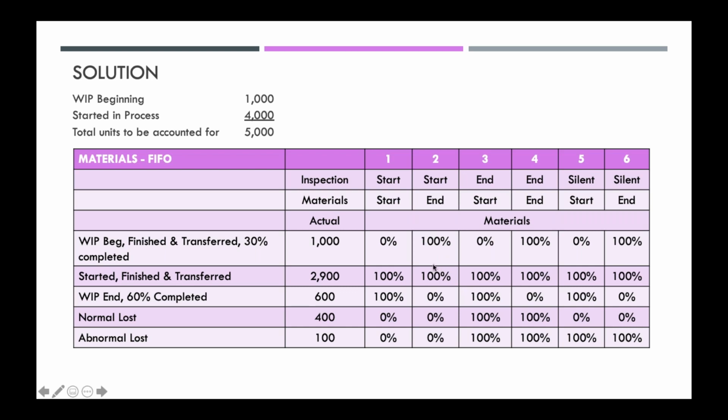So, started and finished, of course, nakarating sa end, kaya meron siyang materials. Work in process end, hindi nakarating sa dulo, 60% complete, kaya wala siyang materials. Ito, kaya siya 0-0 again kasi yung inspection point natin again at the start of the process. Kaya 0%.